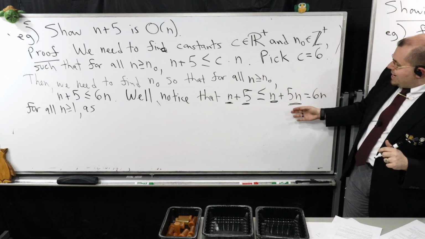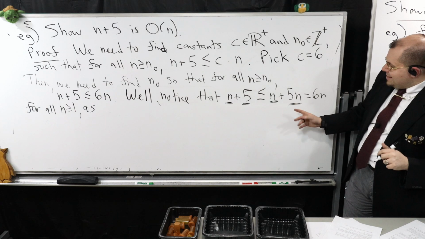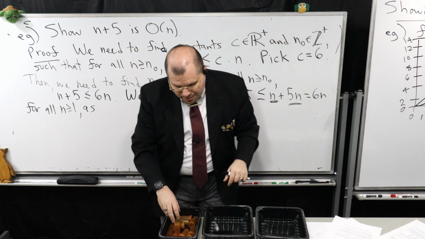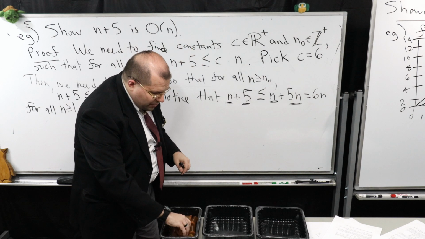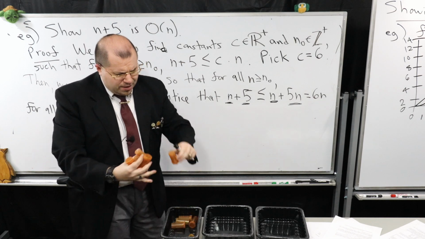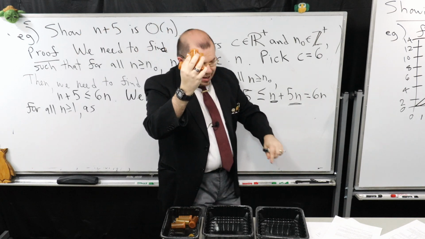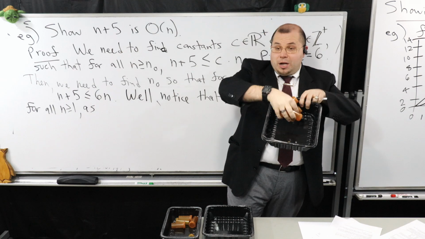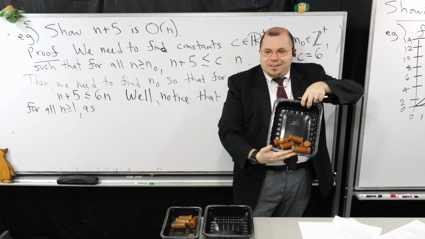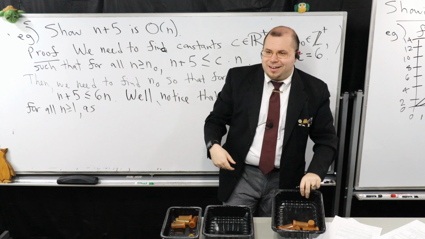So if I pretend that I have 5 n's over here, and I have the 5's here. So I have 1, 2, 3, 4, 5. I have 5 n's right here. I'm going to put that into my right bucket over here. So now I should have 6n in here. There's six of these bottles in here.